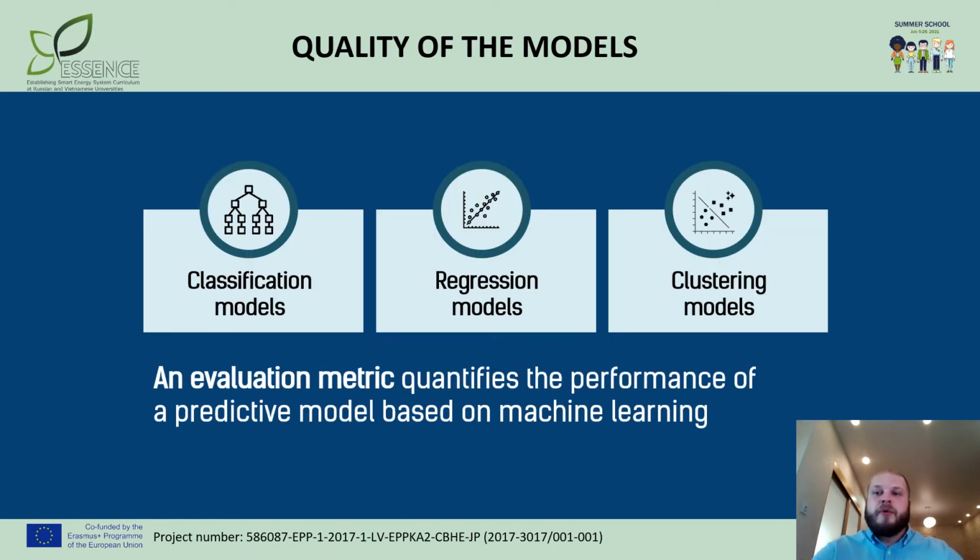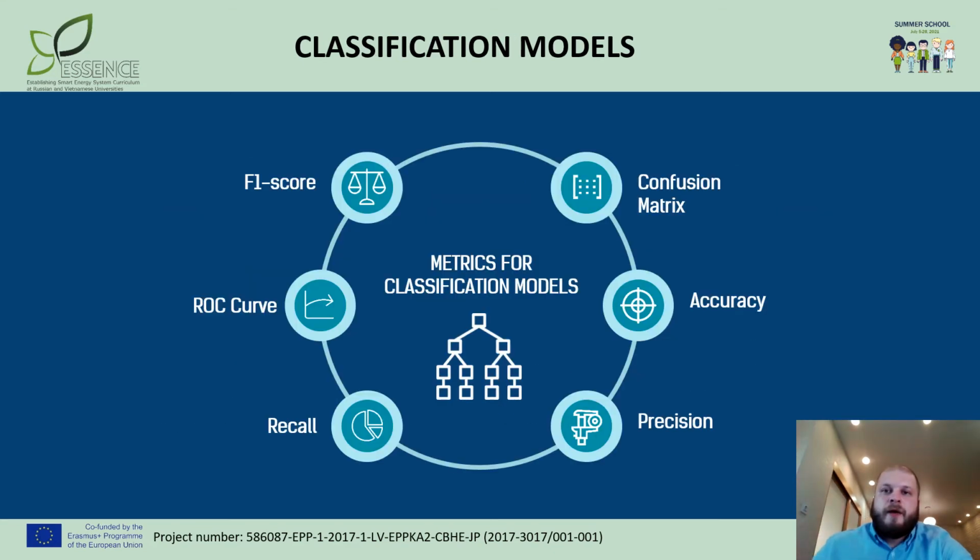Now let's consider the quality metrics of machine learning models. Actually, they differ depending on the types of the problem under consideration, like classification, regression, or clustering. Well, for classification problems, metrics in different ways take into account errors when model assigned an object to a wrong class.